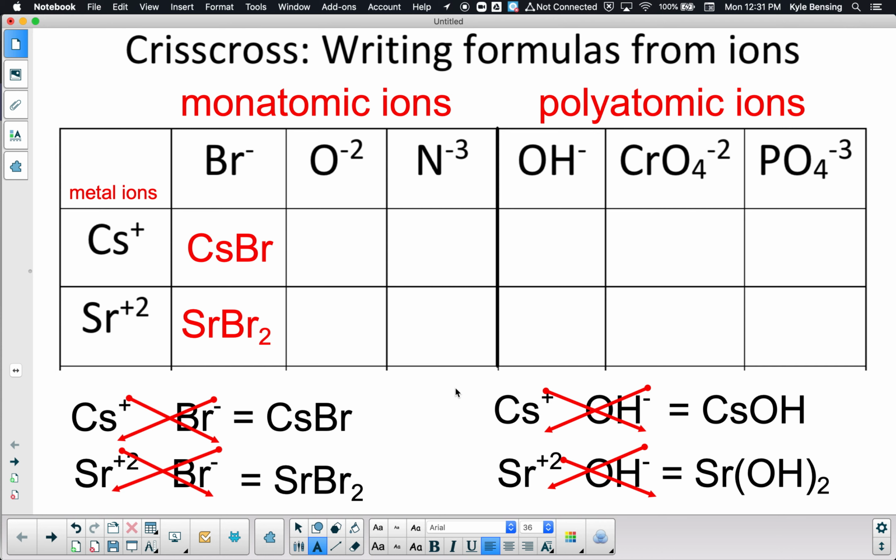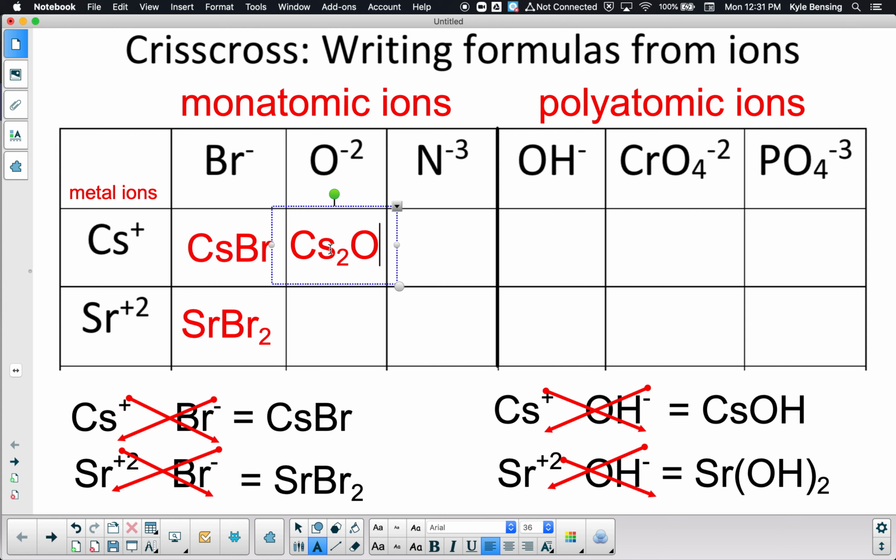I don't have it written out like I do down below, but watch how this works though. So I get Cs for cesium, that's a plus 1. The 1 comes down for oxygen, but notice that there's a 2 here. That means that 2 has to crisscross down as a subscript for cesium, like this. And then oxygen, like that.